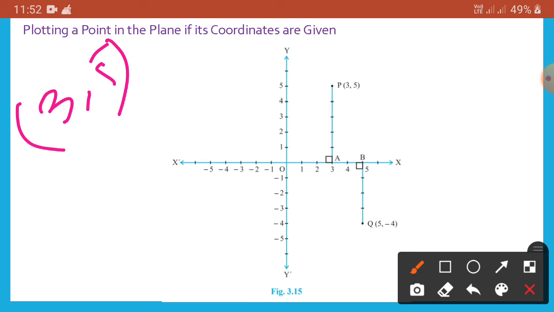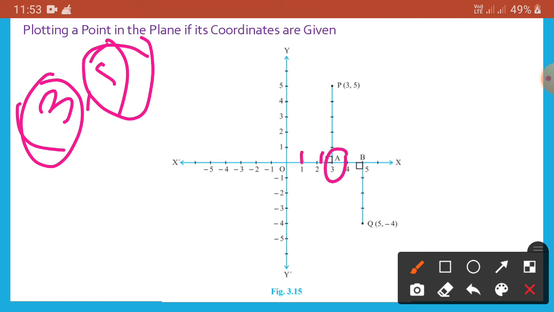So the coordinates of the point 3, 5 tell us that the distance of the point from the y-axis along the positive x-axis is 3 units, and the distance of the point from the x-axis along the positive y-axis is 5 units. Starting from the origin O, we count 3 units on the positive x-axis and mark the corresponding point as A. 1, 2 and then 3.